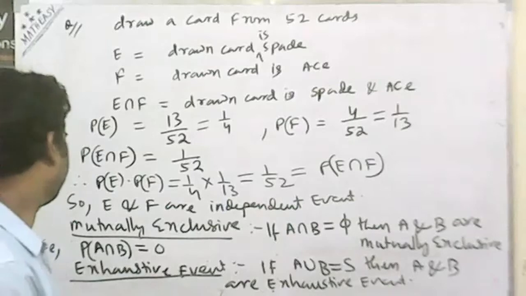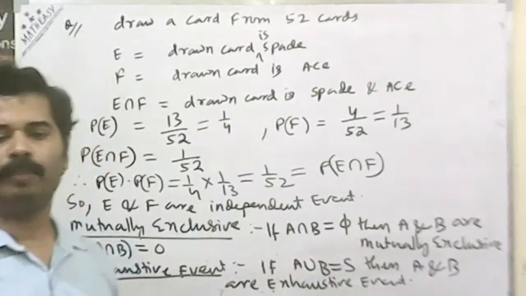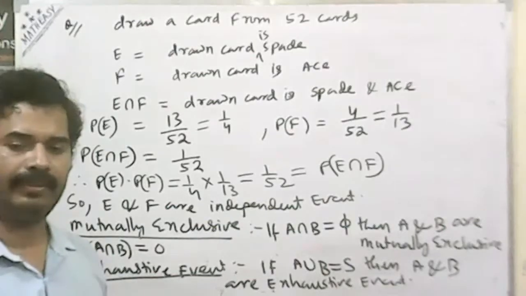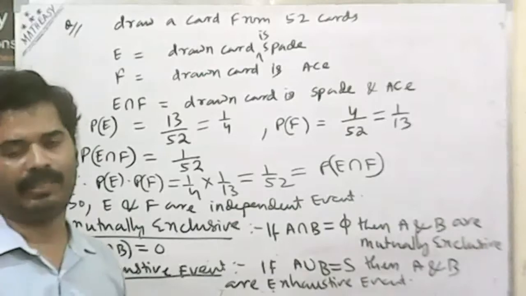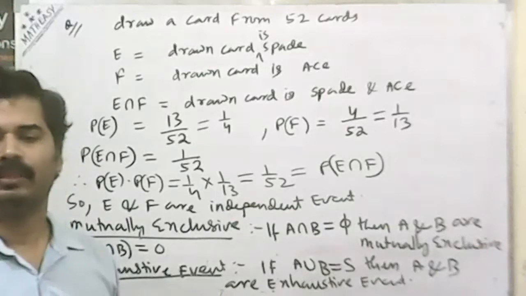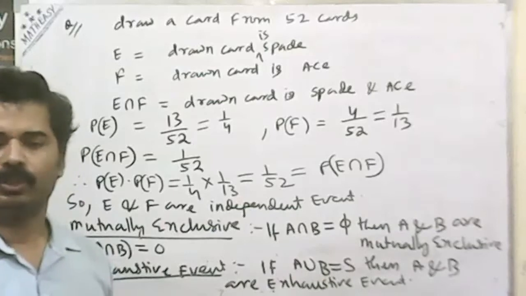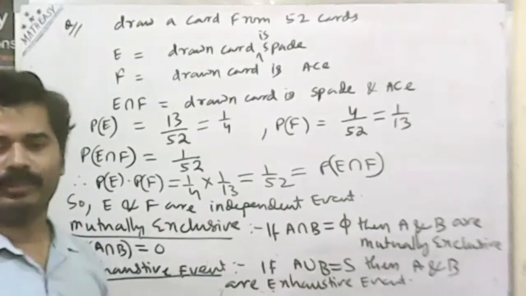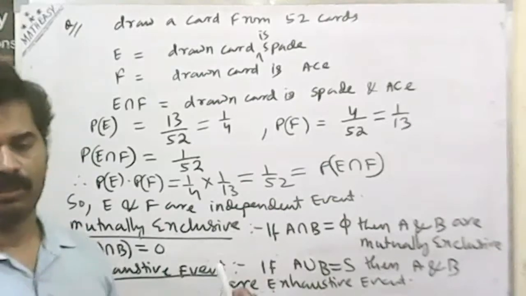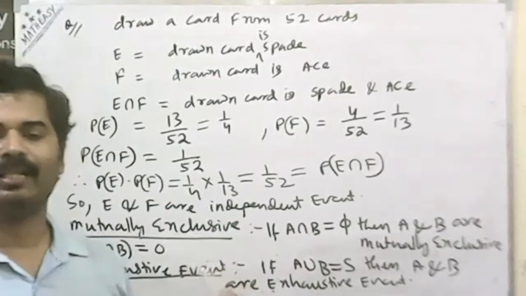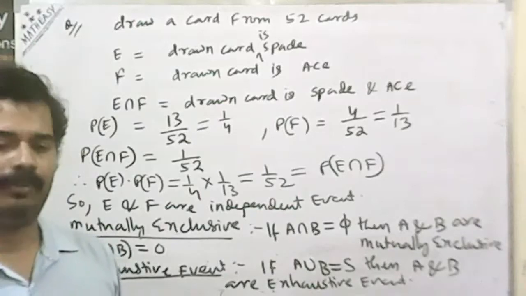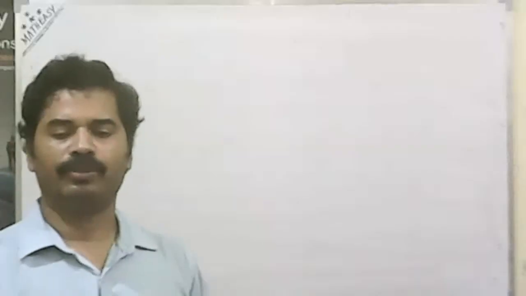Now, some proofs are there according to the independent event. This is very important, so we need to do some questions. So this is some important concept which is given in this video. Now do some question.